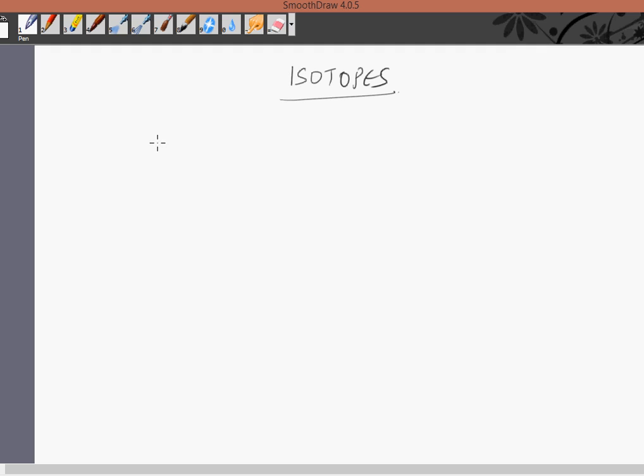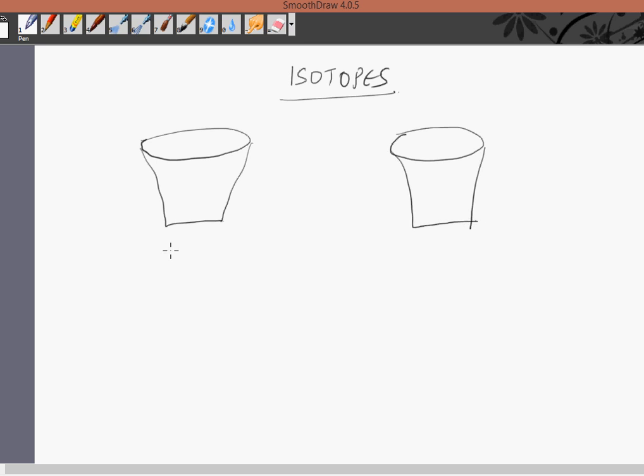So friends, if I take an example of a basket, two identical baskets with all the same design, color, frame, circumference, area, everything is just identical to each other. Each basket is having balls in it.